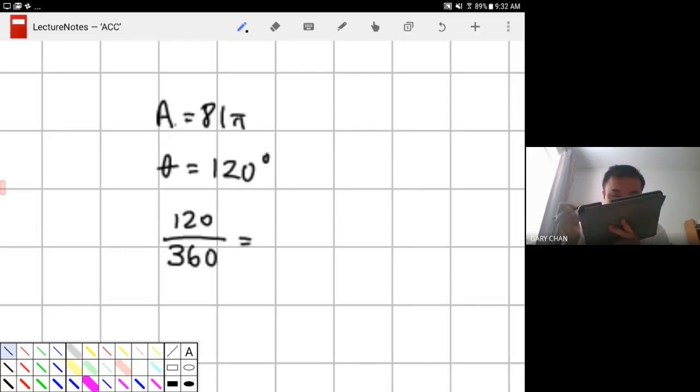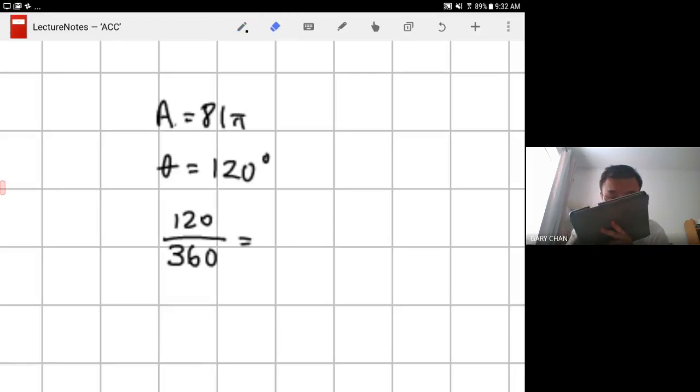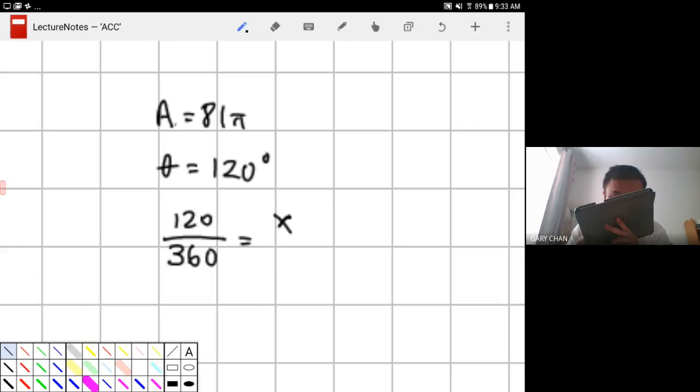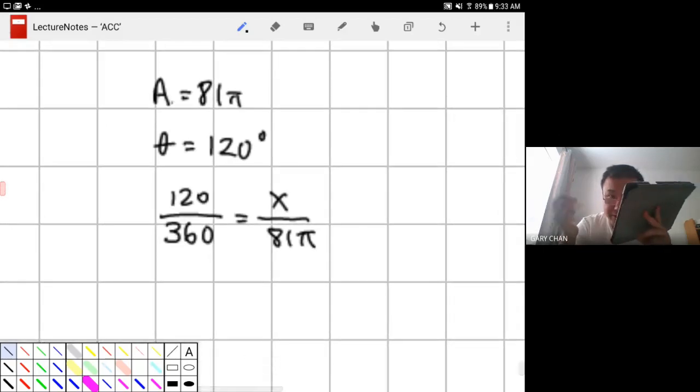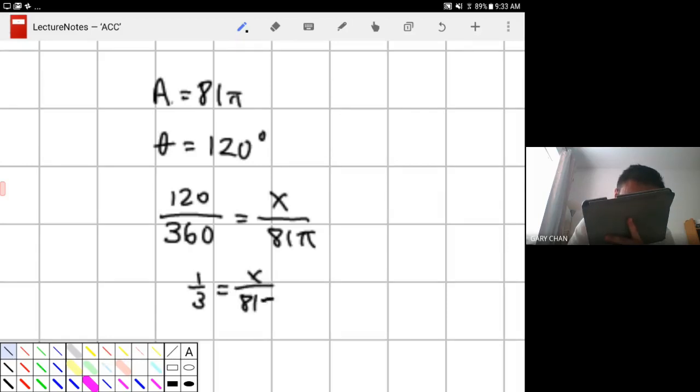That is equal to the area of the sector, which I'm going to call x, like Emmett had used, because that's what we're looking for, over A, which is 81 pi, because the central angle and the overall angle of the circle are going to be proportional. So that's the proportion we can set up: 1/3 is equal to x over 81 pi.